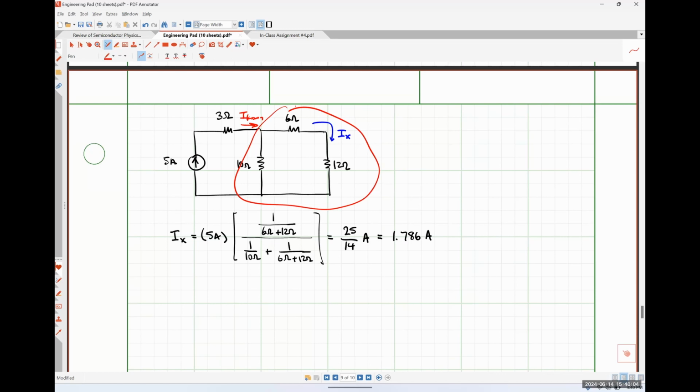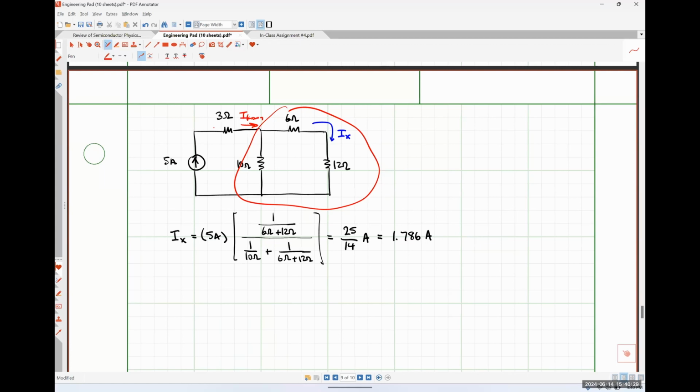So I'm ignoring the 3 ohm resistor in essence because all 5 amps flows through the 3 ohms. It doesn't have an opportunity to split. So it shouldn't show up in our equation that tells us how the current splits. Does that make sense? Yes, it does. Thank you. No problem.